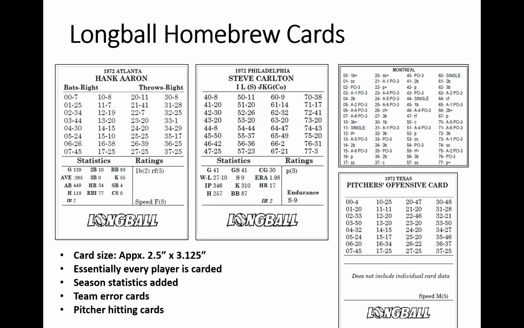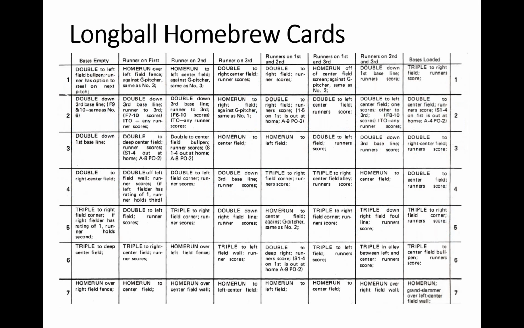The APBA part is that once you roll the dice, you get a result code or play result number, and then you look it up on boards, which are designed much like APBA boards are designed.